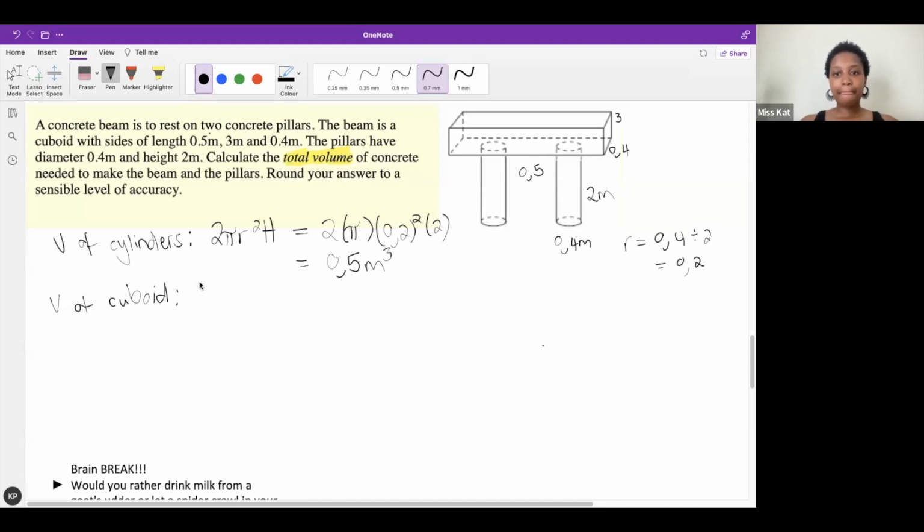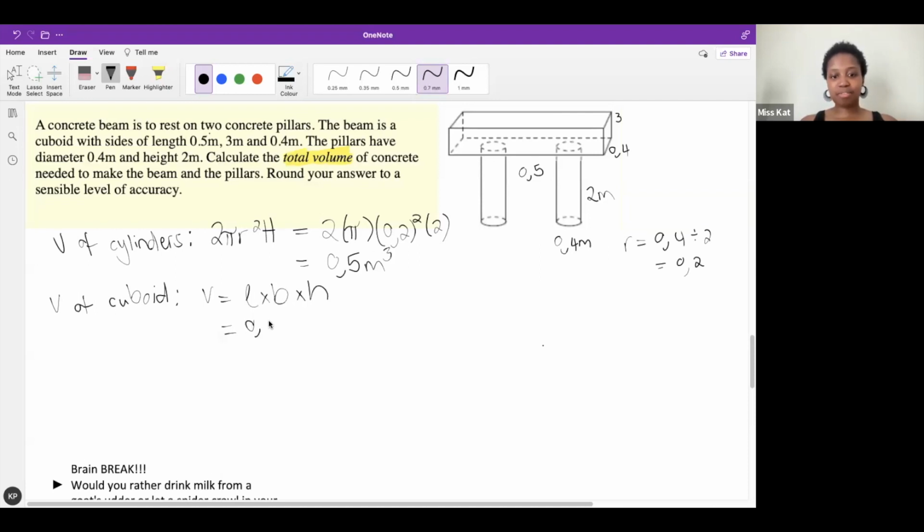Formula? Area of base: length times breadth times height. So it's just times everything.